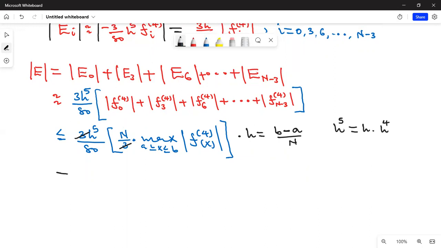So this can be written as h n over 8 times h raised to 4 times the maximum between a less than or equal to x less than or equal to b of the fourth derivative of the function f of x.